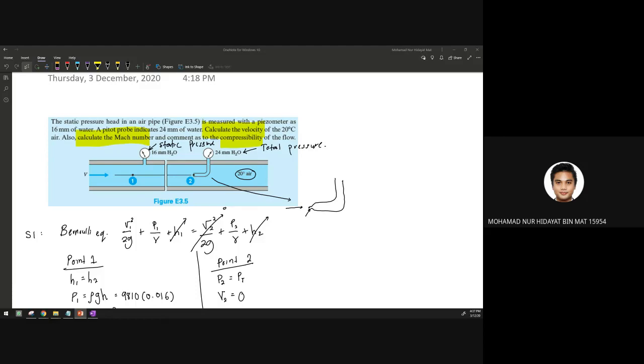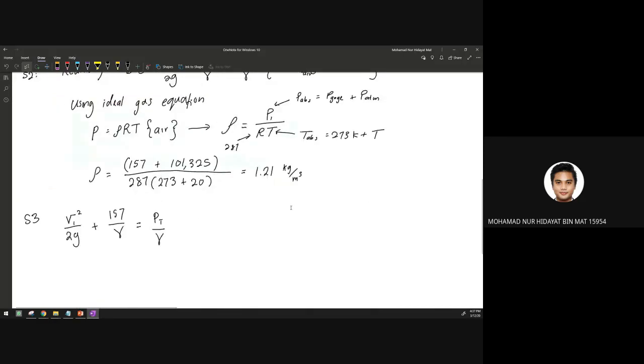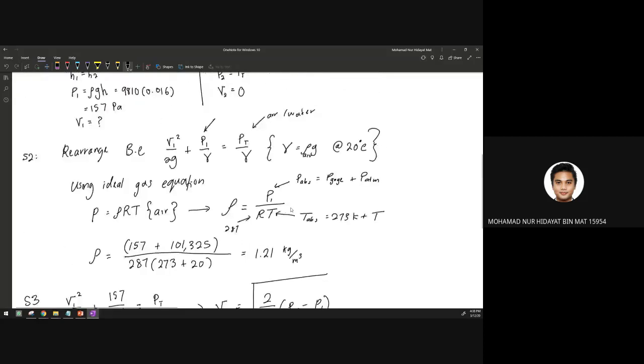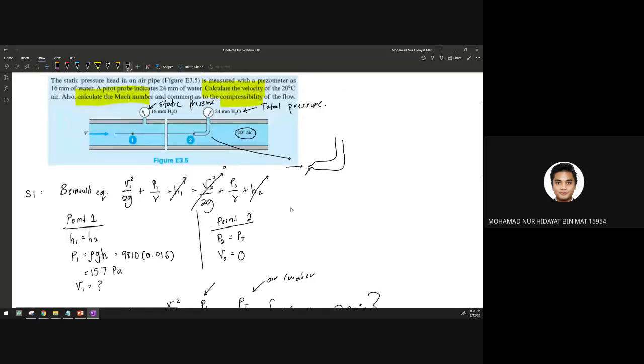Okay. So from here, you try to rearrange the equation. You will get V1 is equal to the square root of 2 over rho of air times PT minus P1. The stagnation pressure you can get directly from here.